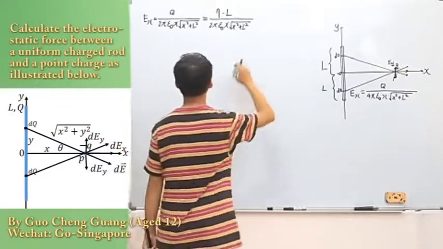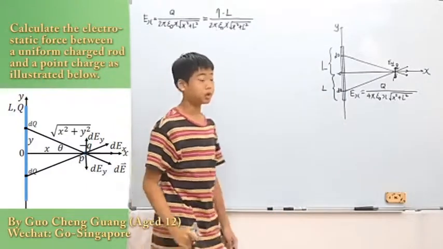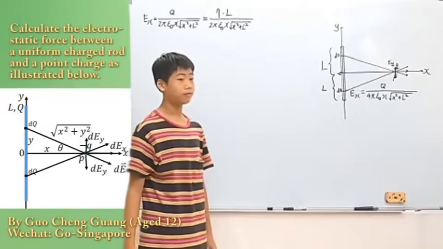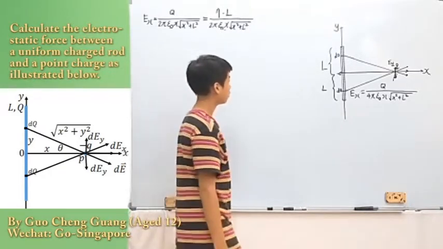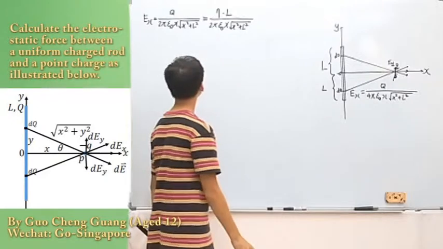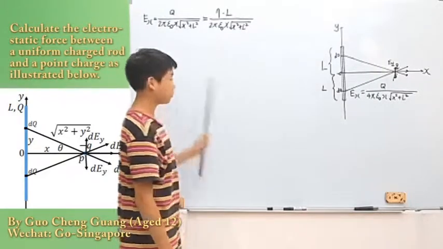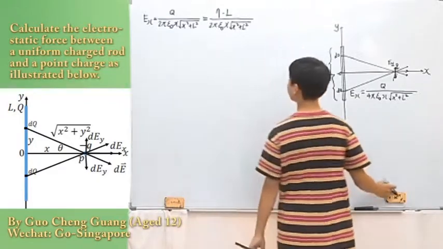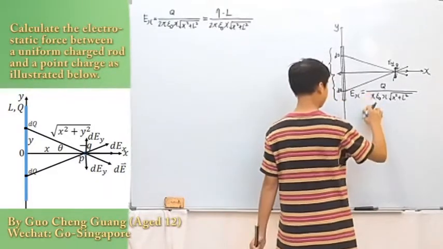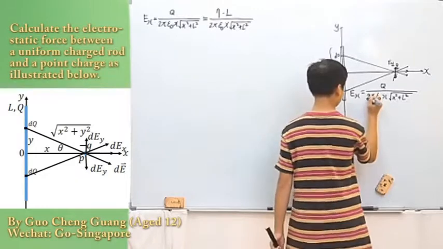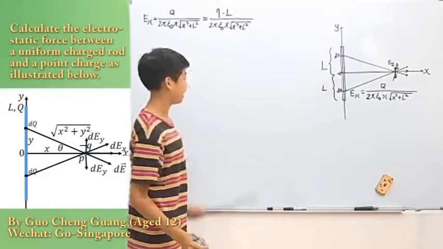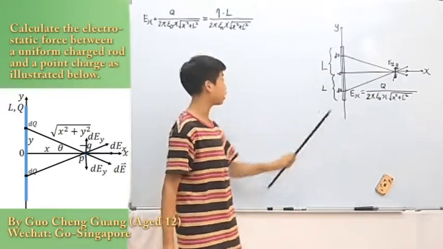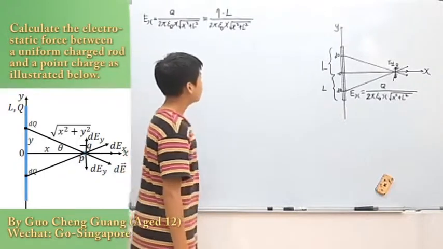Next, according to here, we'll have a 2 pi epsilon naught in the denominator.